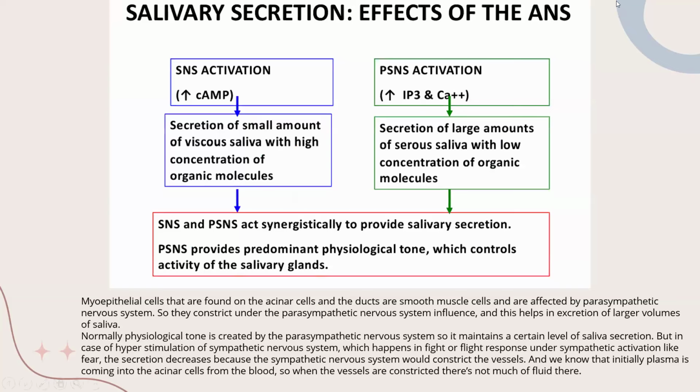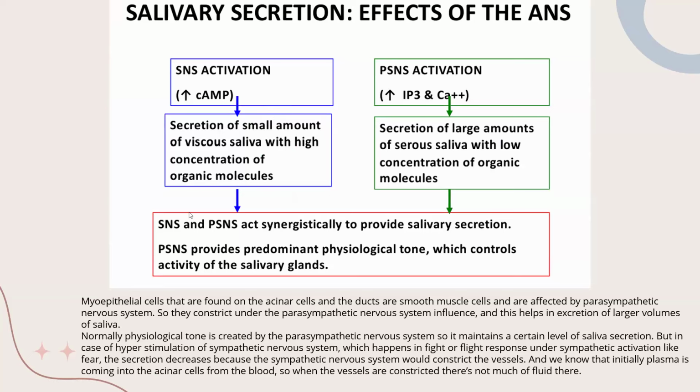So here we have the salivary secretion effects of the autonomic nervous system, the sympathetic nervous system, and we have the parasympathetic nervous system, as we talked about. What's important, this is very important to know, you need to know that the sympathetic nervous system secretes small amount of viscous saliva with high concentration of organic molecules, basically rich in enzymes, but a small amount of viscous saliva.